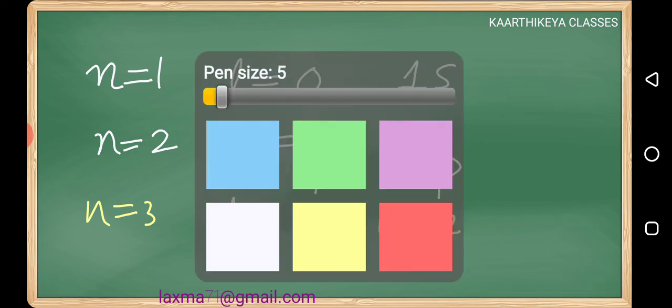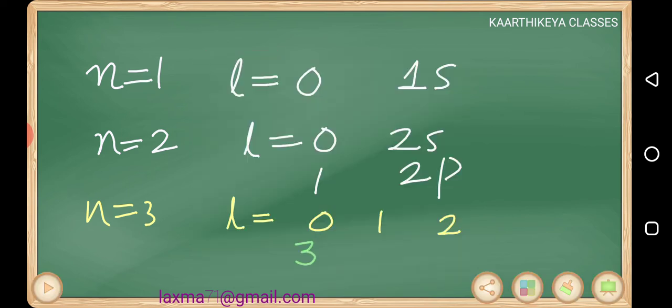If it is 0, you can call this orbital 3s, this is 3p orbital, this is 3d orbital. L equal to 0 means s orbital, 1 means p orbital, 2 means d orbital. So this is orbital designation. You should have this idea to answer some questions. We are going to discuss those questions now.